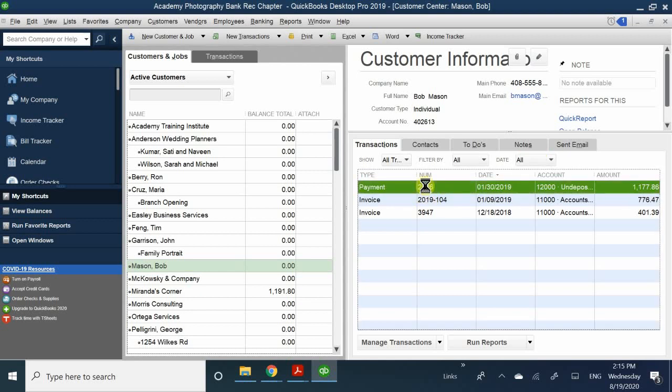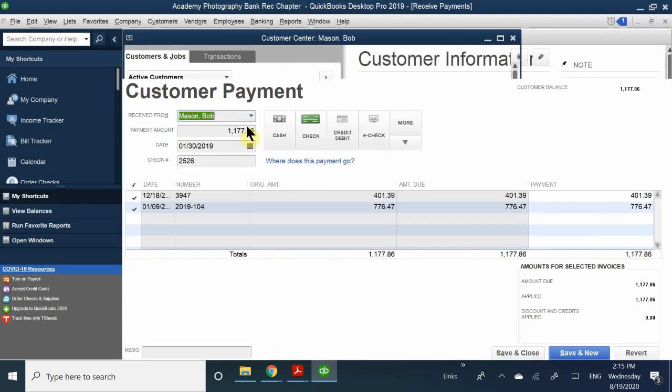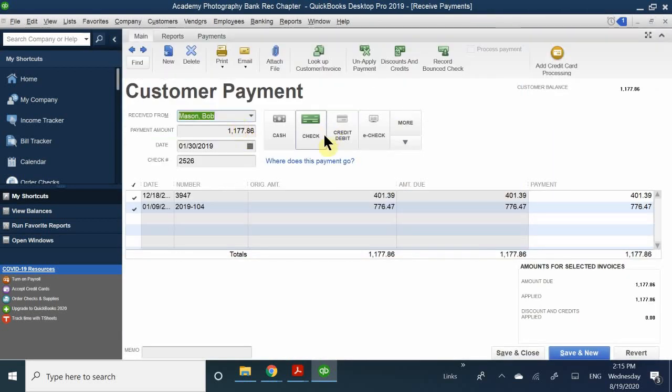Okay, so let's look at this payment. He paid it using a check, but in this case, the check bounced, right? Our bank has notified us of an error: Mr. Bob Mason's check has bounced, meaning he didn't have enough money in his bank, and it's a large amount of money, right?